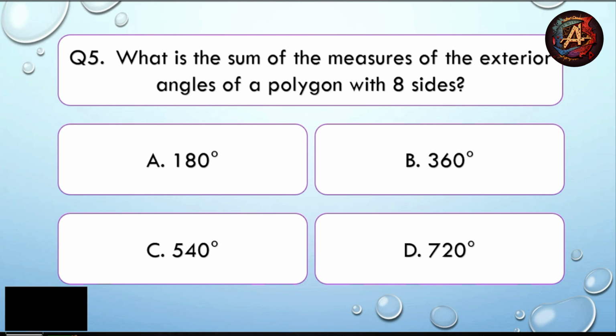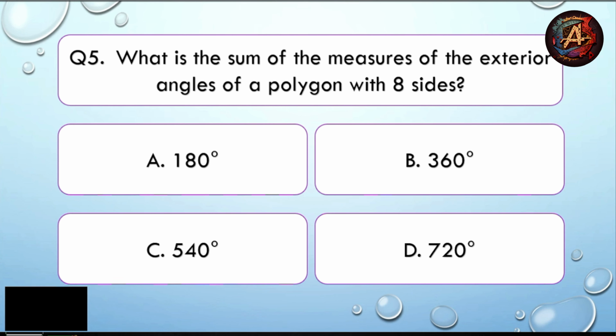Right, math learners, in order for us to know this one, this is basically a definition of the polygons. Regardless of how many sides, if we are talking about the exterior angles of a polygon and we are trying to get the sum of their measures, we are getting a total of a whole circle, because if you add all the exterior angles of a polygon, it will make up a whole surrounding of that polygon, making it a whole circle.